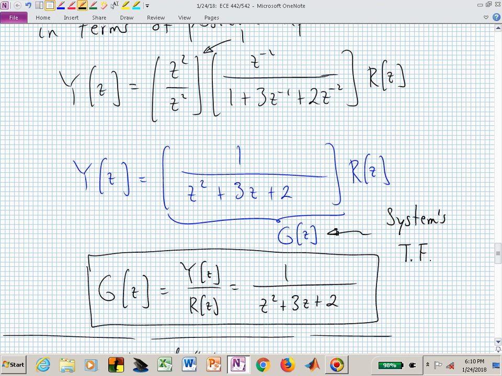We don't want to see another r sub 2. We don't want to see another y. We need to get rid of those. And that's when you might think you're chasing your tail, trying to get rid of all of those signals or other variables to end up with a strict ratio of polynomials in z. That's what you want for a transfer function.